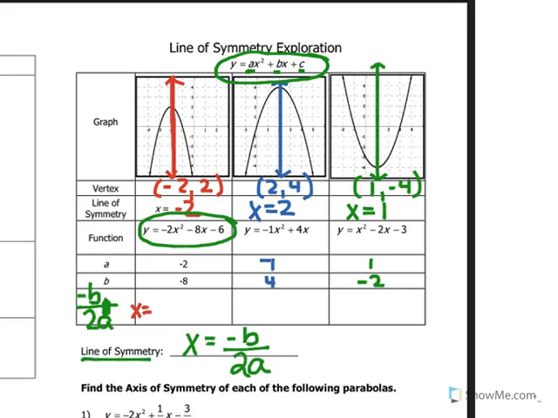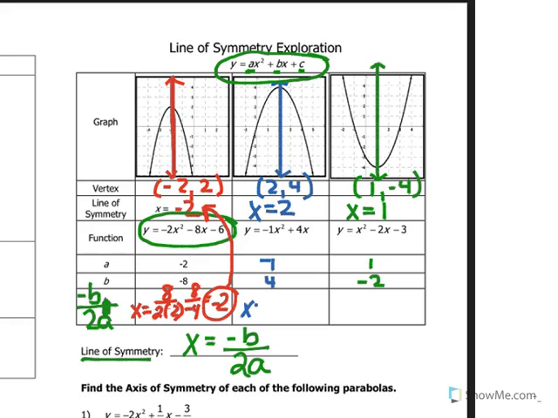We have x equals the opposite of b; on this one we had -8, which is now +8, over 2 times -2, which means 8 over -4, and 8 divided by -4 is -2. You'll notice that matches the line of symmetry that we figured out using the graph. Okay, so let's try it again.